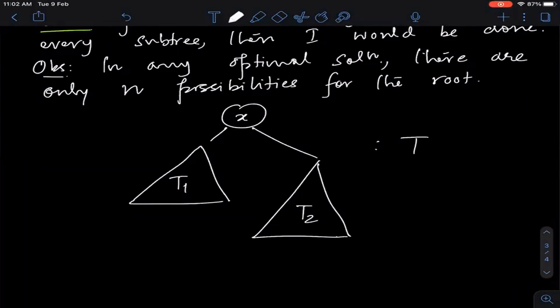Okay. So that's the whole philosophy of dynamic programming, right? This optimal substructure thing. So what is our hope?